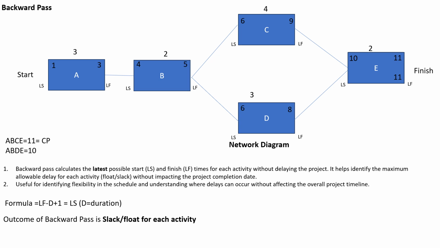So 11 minus 2 is 9, plus 1. This is the formula: late finish minus duration plus 1 gives you the latest start date.